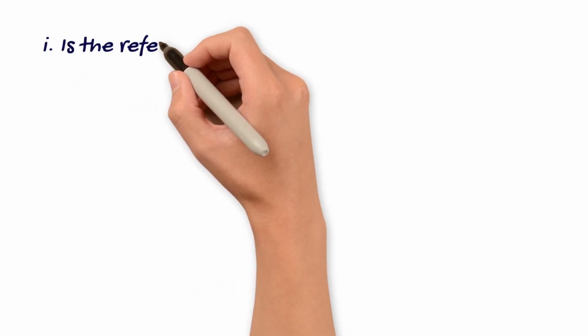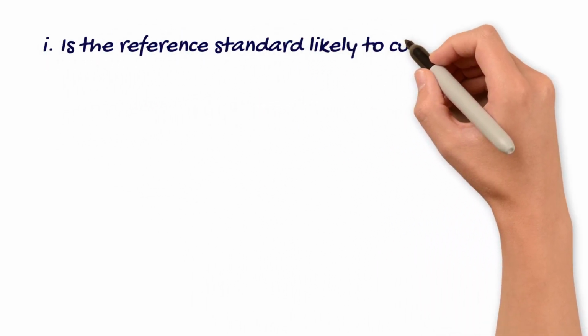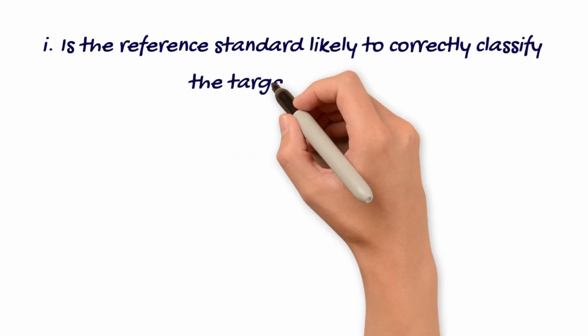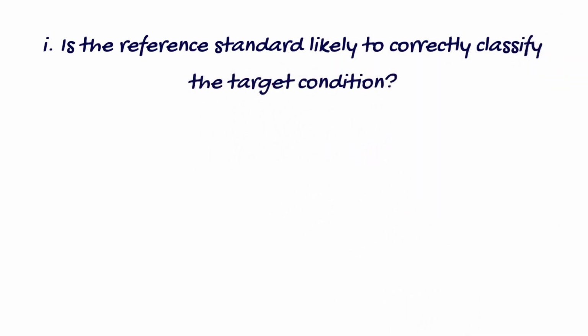Question 1. Is the reference standard likely to correctly classify the target condition? The reference standard is like a yardstick used to measure how well the index test performs. If there are differences between the reference standard and the index test, we assume it is because the index test made a mistake. But if the reference standard itself isn't accurate or reliable in telling if the condition is present or not, it can mess up the whole study.